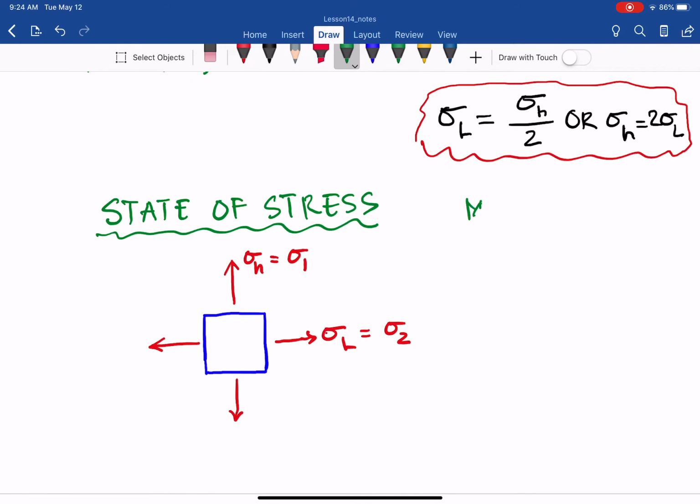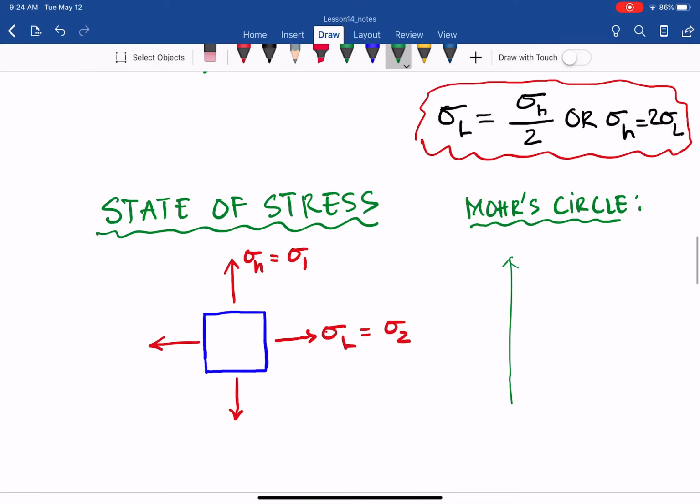So in terms of the Mohr circle for this state of stress, we have sigma for the horizontal axis and tau for the vertical, and we already know tau is zero at sigma 1 and sigma 2.